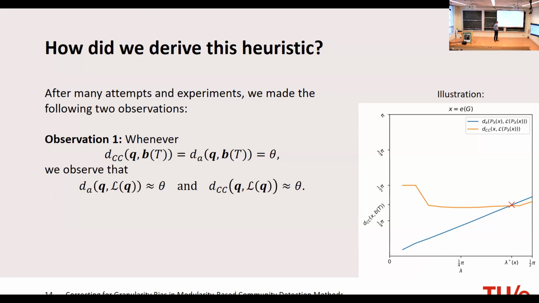For a given ground truth and input vector, you can select the lambda for which these top two intersect, denoted by this crossover here. If you then plot these other two as a function of this lambda, you see that they intersect at that point.